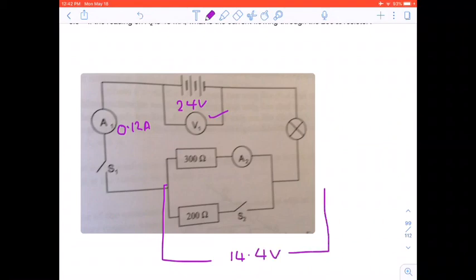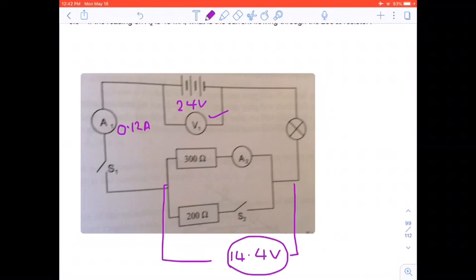If we connected a voltmeter across the parallel resistors like that, that would be the voltage.